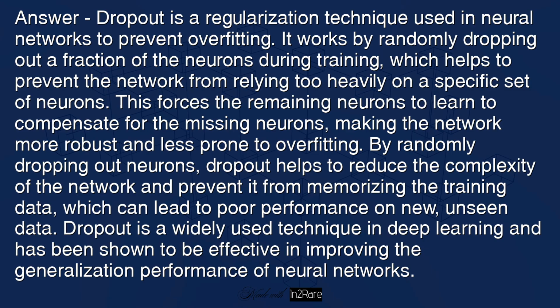This forces the remaining neurons to learn to compensate for the missing neurons, making the network more robust and less prone to overfitting. By randomly dropping out neurons, dropout helps to reduce the complexity of the network and prevent it from memorizing the training data, which can lead to poor performance on new, unseen data. Dropout is a widely used technique in deep learning and has been shown to be effective in improving the generalization performance of neural networks.